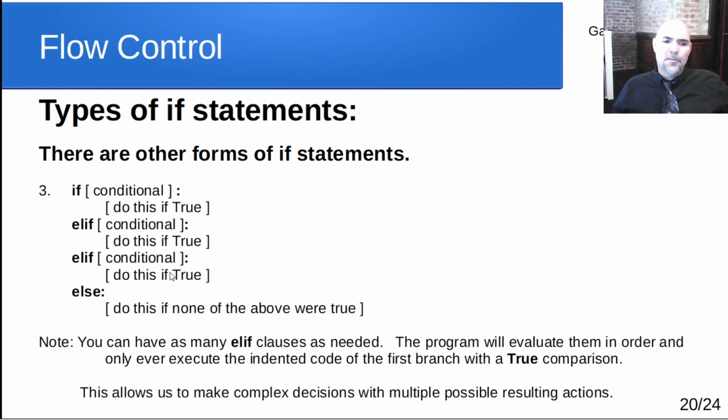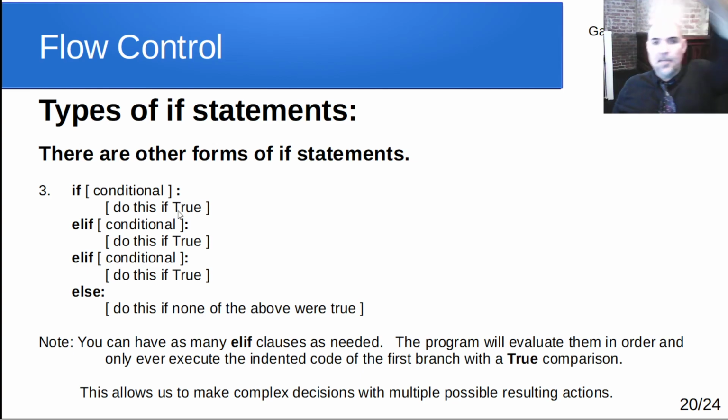And you also don't necessarily have to have an else clause on the end. You could just have elifs, and if none of those happen, then it just won't do anything by default. But notice that it will always only execute one of the indented things, and it'll start at the top and work its way down through them. So if this one is true and a later one is true, it'll only run the first one it comes across.